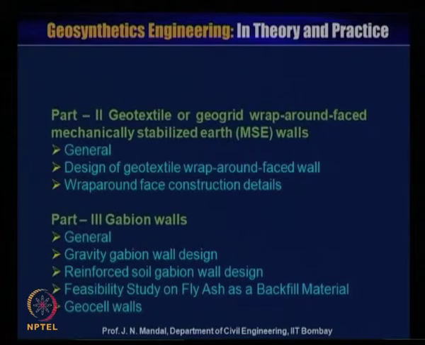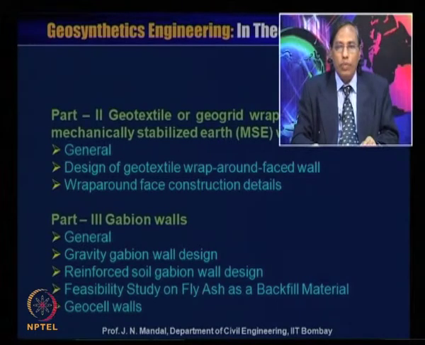Part 2 will cover geotextile or geogrid wrap around face mechanically stabilized earth or MSE wall. This will cover general design of geotextile wrap around face wall, wrap around face construction detail.